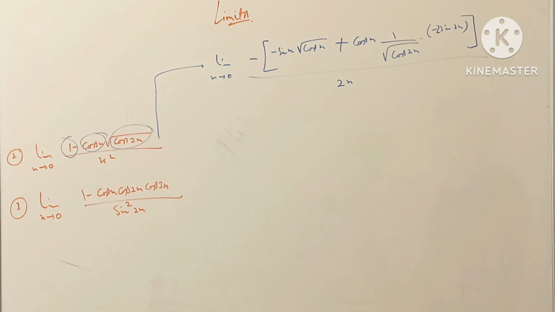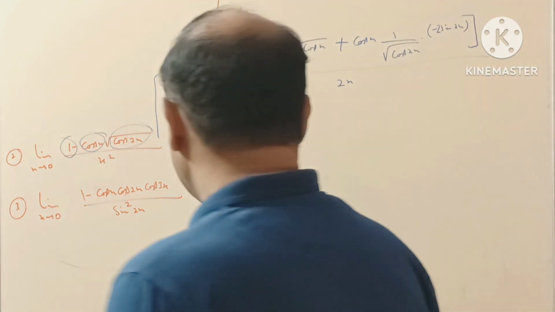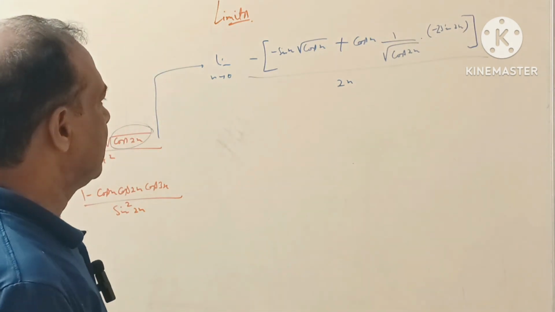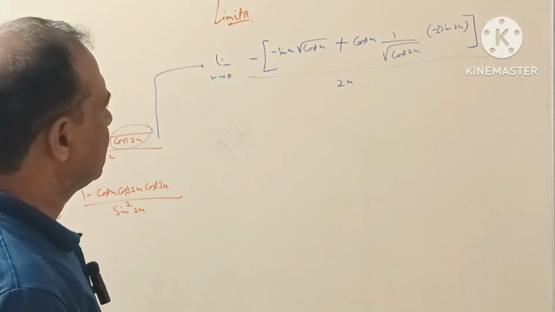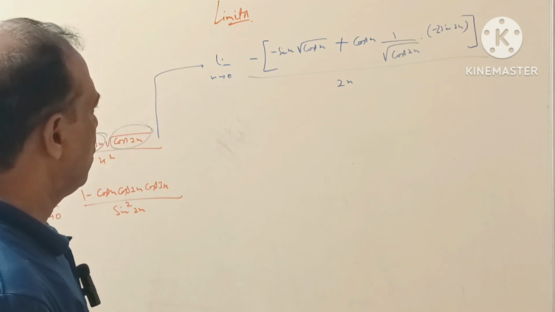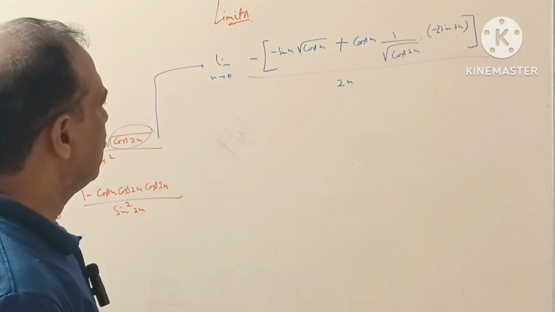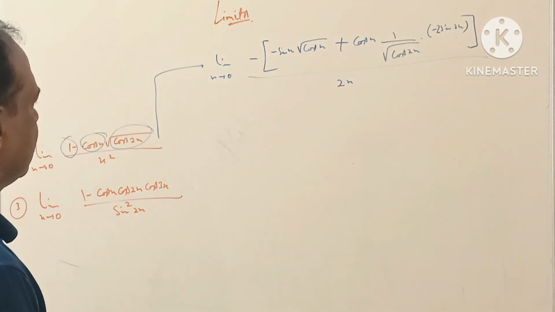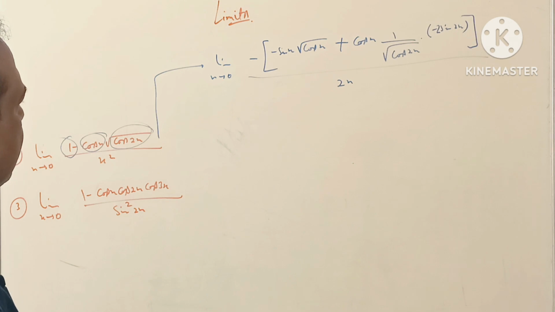Firstly, I have to go with the L'Hospital rule. Okay, now I am again applying the L'Hospital rule, which means that I have to differentiate the upper part and the denominator part individually. But something can be done here, or not. Okay, don't think that something has to be done here.